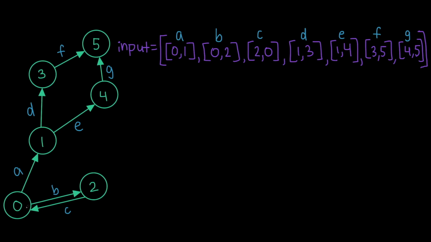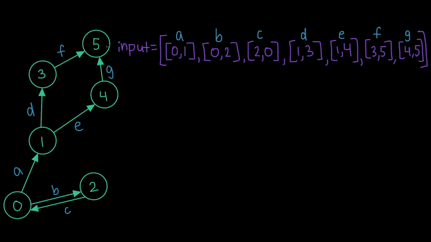We have edge B, which goes from node 0 to node 2, and that's modeled right here, and that sort of continues onward. I've labeled all of the edges in the graph and labeled them the same way in the input so that you can match between the two and understand which pair on the right corresponds to which edge on the left.